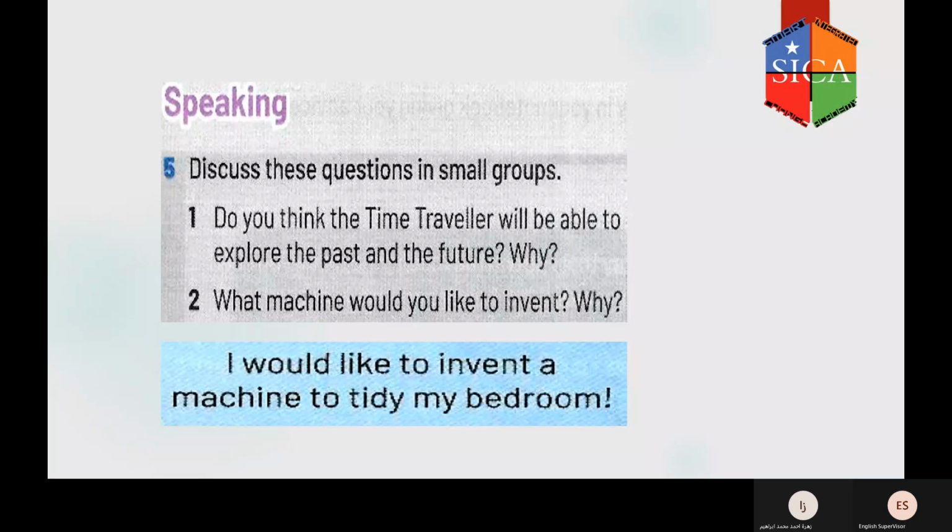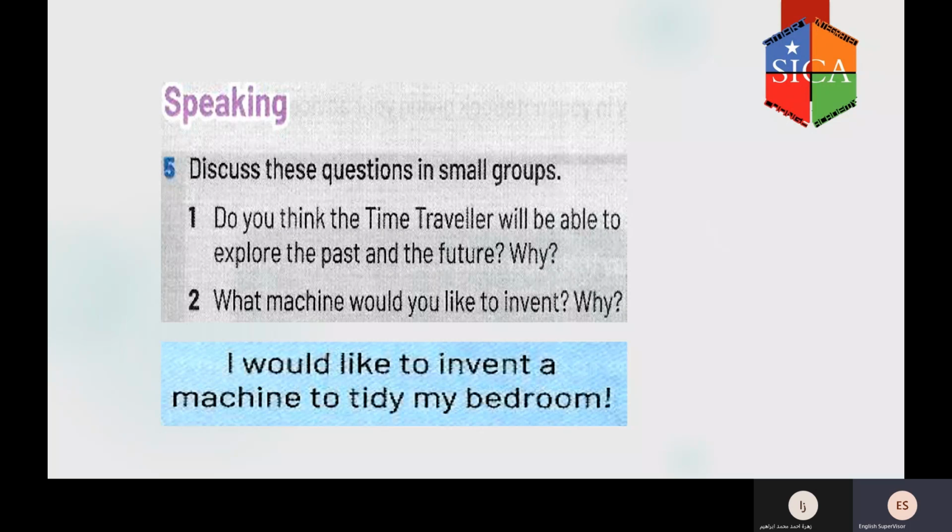Right? Yes. Nice. Also here in front of you, at the bottom of this slide, you can read these 2 lines. Would you please read them? I would like to invent a machine to tidy my bedroom. Tidy.